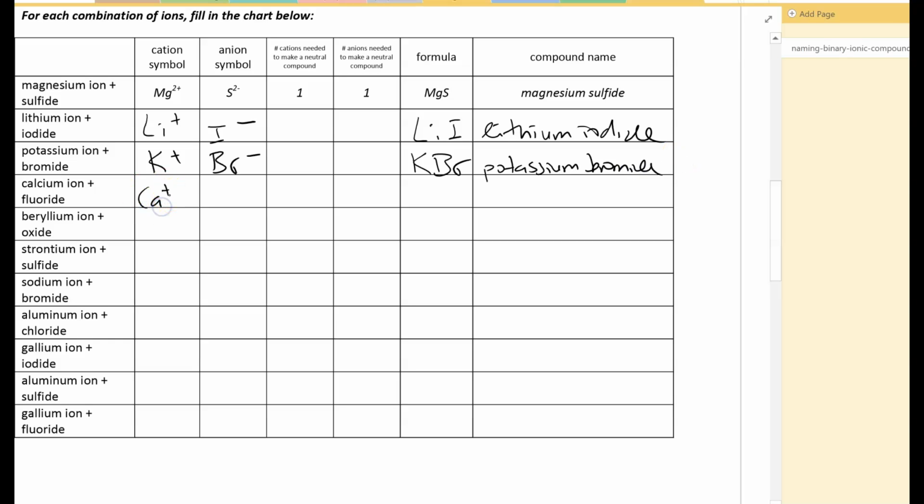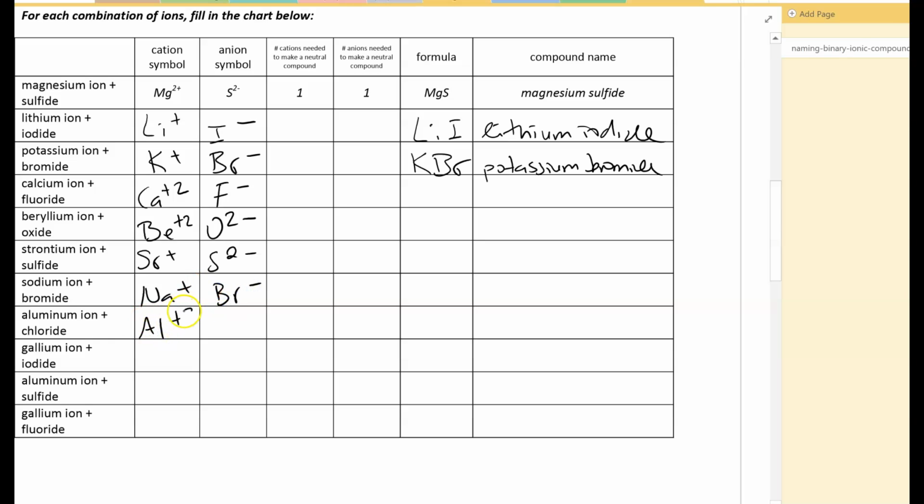Calcium ion is +2. Why? Because it's group 2. Beryllium, same thing, +2. I'm going to write up the ions first. Strontium, again, +2. Sodium is +1.